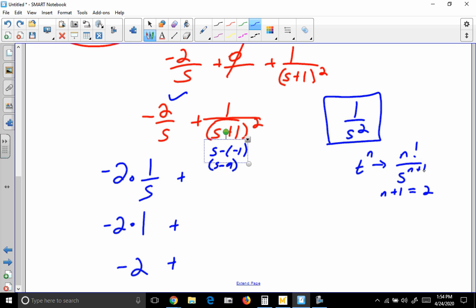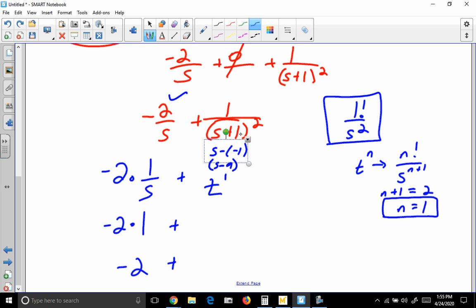This and that correspond, so that means n is 1. That means we would need 1 factorial on top. Well, 1 is 1 factorial. So that transforms into t to the n.